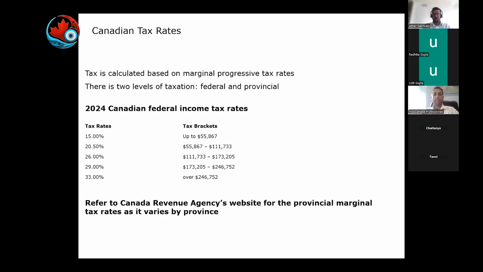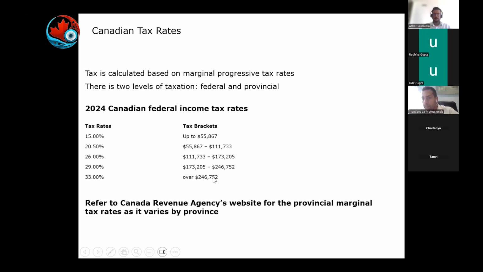From 55,000 to 112,000 dollars of taxable income, you would be subject to 20.5%. If your income increases up to 173,000, you would be subject to 26%. 29% up to 246,000, and at 33%.